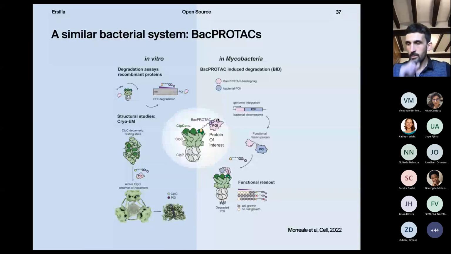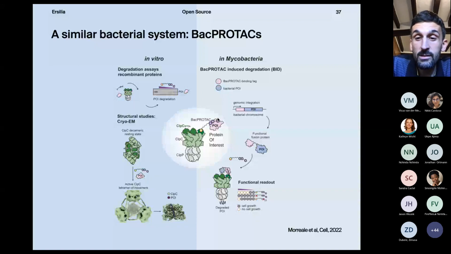Why is this concept interesting also for antimicrobial drug discovery? Well, last year, a very similar concept of products was proposed for bacterial systems.